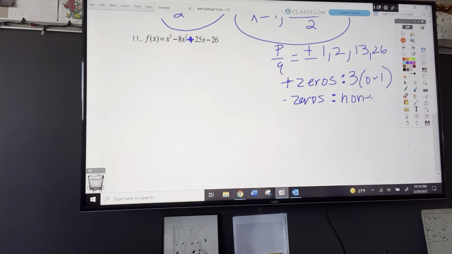Now we have a better idea where to start. I always like starting with 1. 1 doesn't go in, but I think we should start there anyway, so I want you to see what it looks like when you try a number and it doesn't work. So we're going to try 1. Leading coefficients.